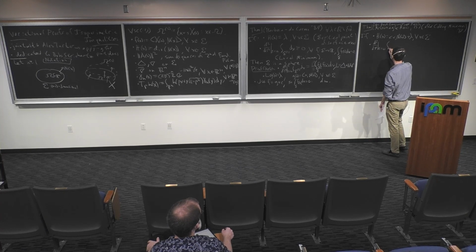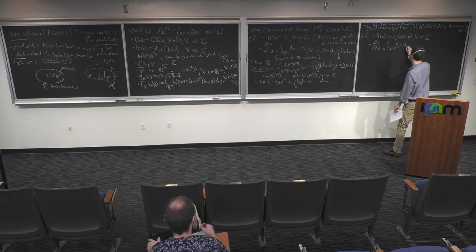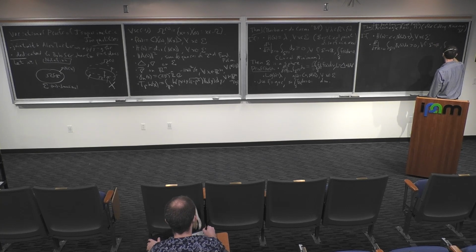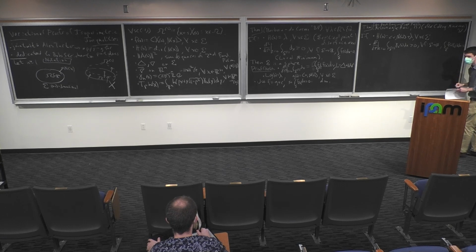So I have an integral. Now I have a Gaussian density here. The condition of being Gaussian volume preserving means the integral against the Gaussian density is going to be 0 for the f.